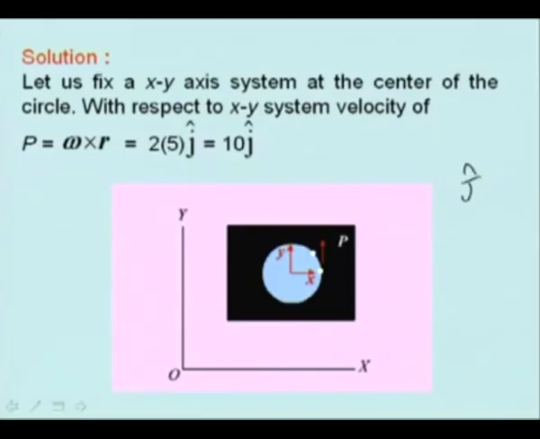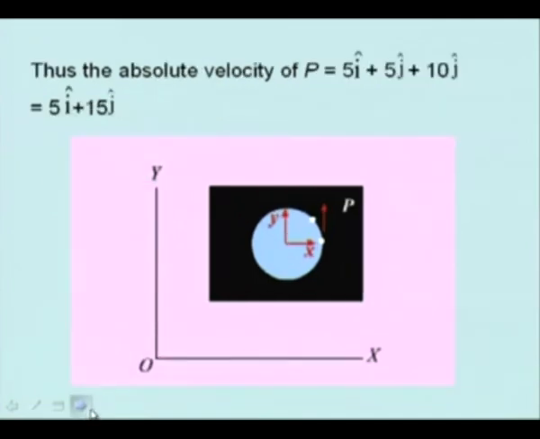Of course, in this particular case, capital J will be the same as small j. So one has to always pay attention to which system one is expressing the unit vector in. So with respect to the xy system, the velocity of point P has been specified as 10 j.